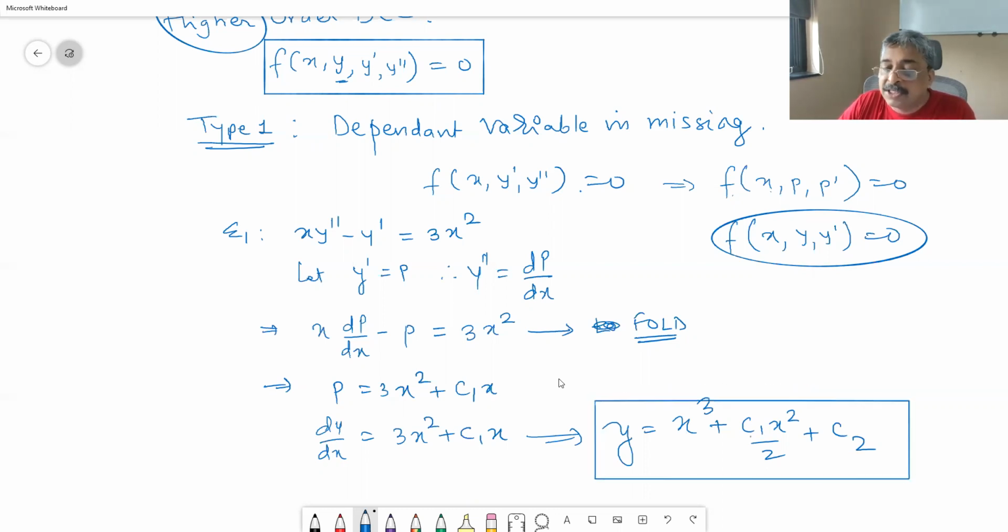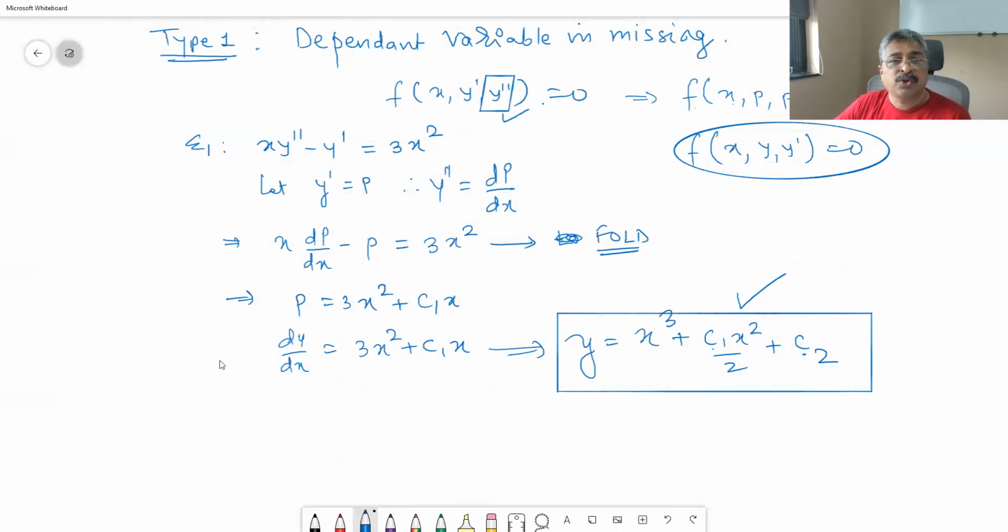Now this c1 and this c2 are different because it was an order 2 differential equation, and hence it is in line with what we were looking for, and hence this is the solution of the given differential equation in which the dependent variable was missing.